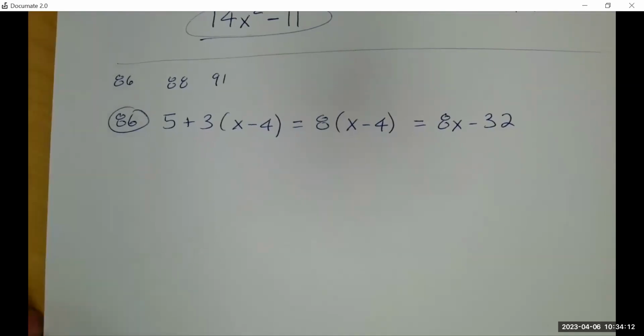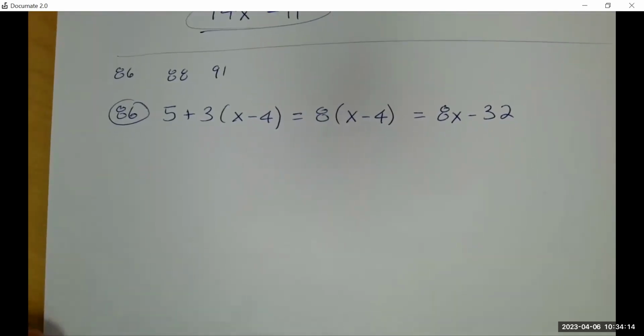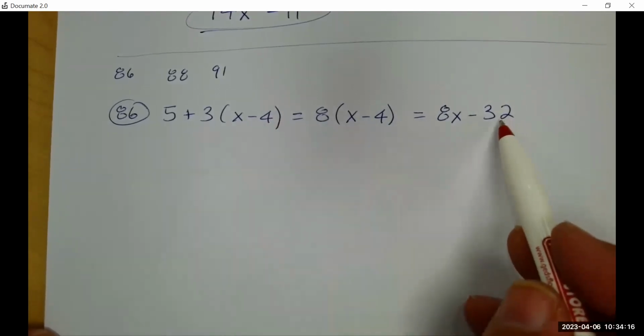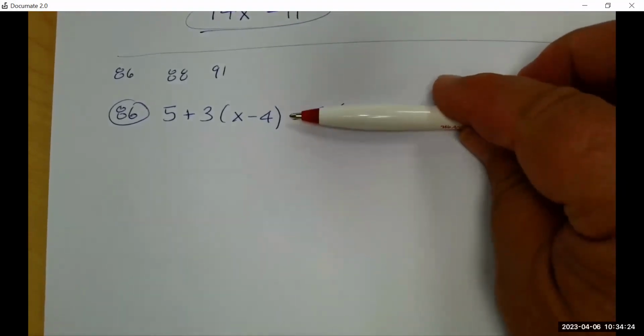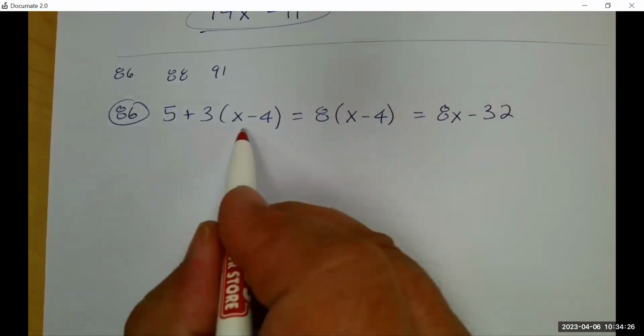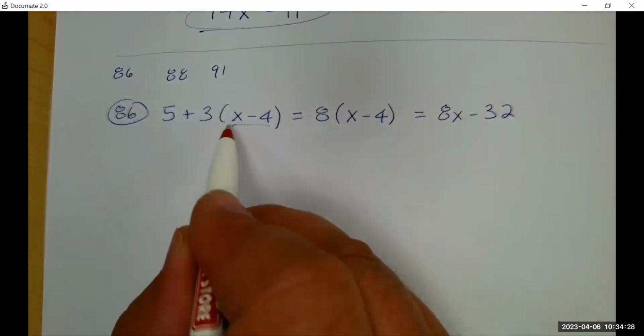Let's look at this one. So instead of looking at all these, let's look at this. What would you do first? Right, you can't do anything inside there.